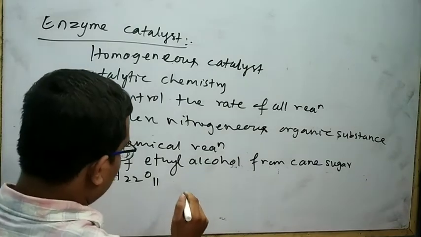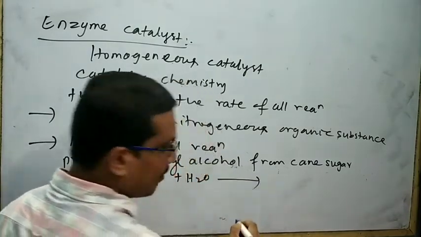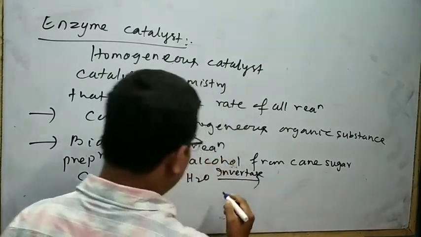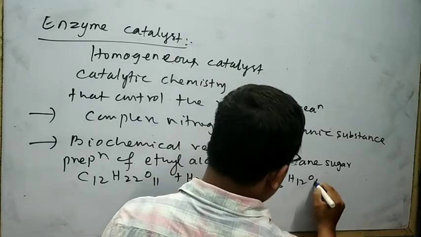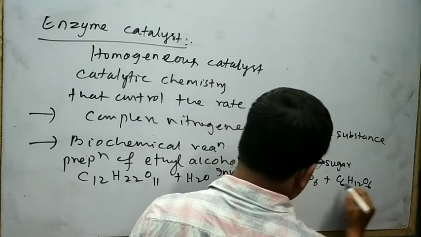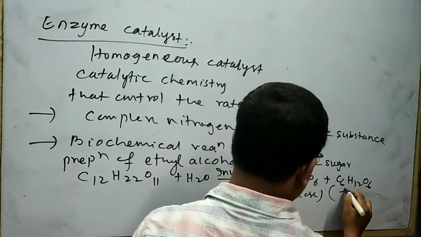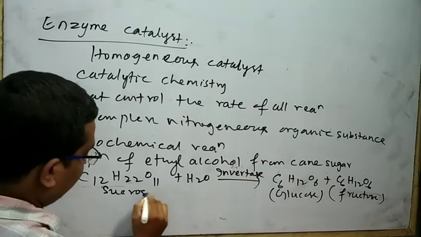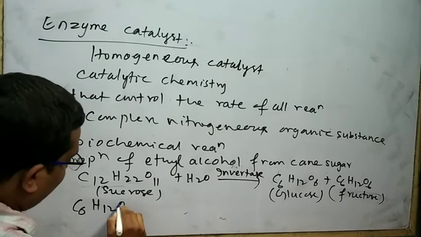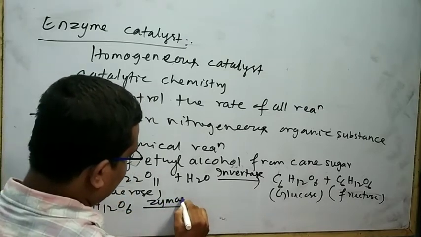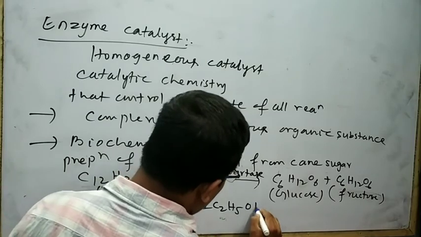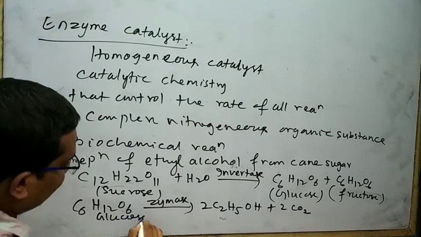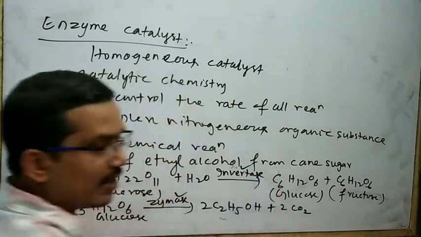When it is subjected to hydrolysis in the presence of invertase enzyme, then it gives glucose and fructose. Now the glucose in the presence of zymase gives 2 molecules of ethyl alcohol and 2 molecules of carbon dioxide. Look at that, enzyme catalysts are used.